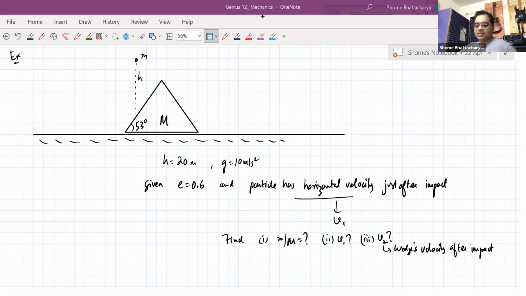Now I'll just give you a hint. There is another conservation of momentum that we can do. Another type of conservation of momentum that we can do. Think carefully.